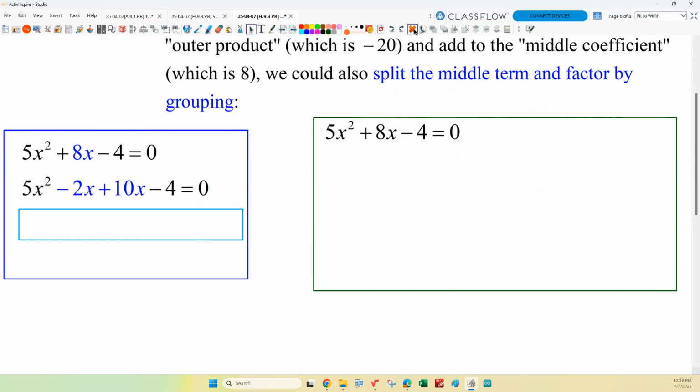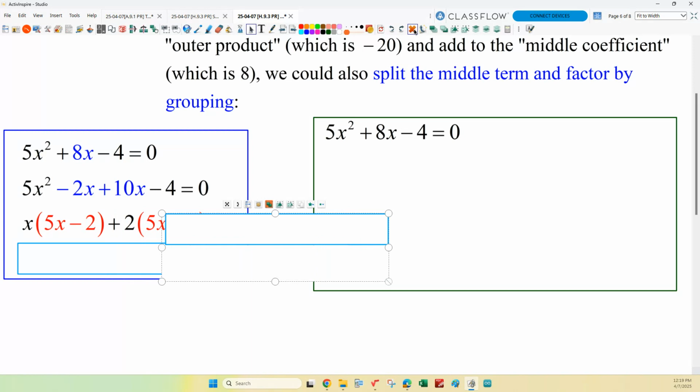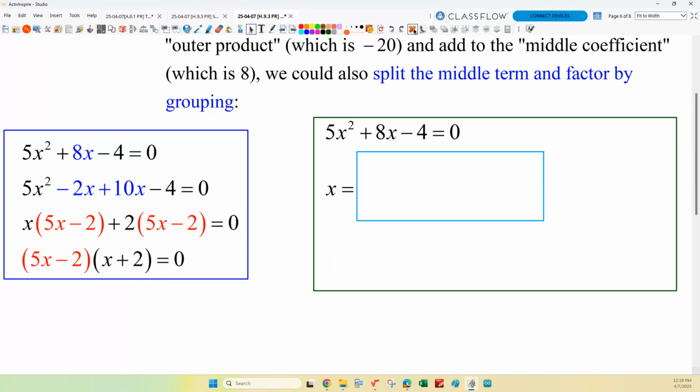And so if I factor by grouping, then everybody agree I just take an x out of the first group, right? And so I know I'm going to have a 5x minus 2 in group 2, so I've got to factor out what, a 2? And so I end up with x plus 2 times the quantity 5x minus 2. Pretty quick, actually, isn't it? Right? If you can find those magic numbers, splitting and grouping goes pretty quickly.